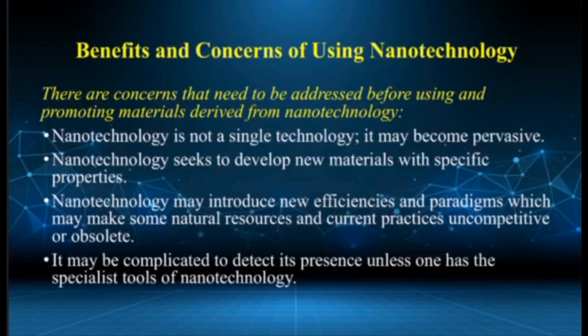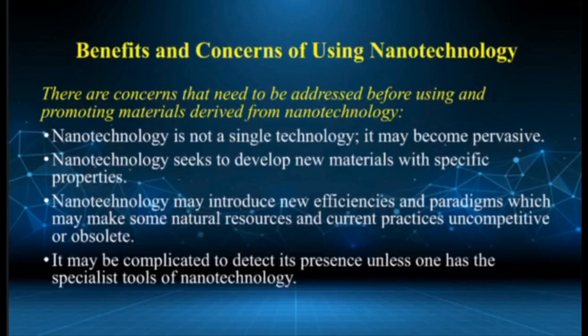At this scale, the properties of materials can be significantly different from those at the microscopic scale, and detecting the presence of nanoscale structures or materials can be challenging. For instance, nanoparticles can be difficult to detect using traditional analytical techniques such as microscopy or spectroscopy because they are much smaller than the wavelength of visible light.